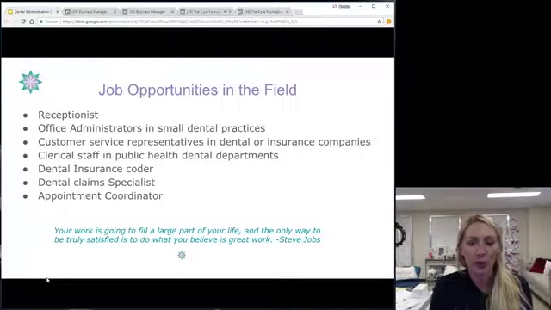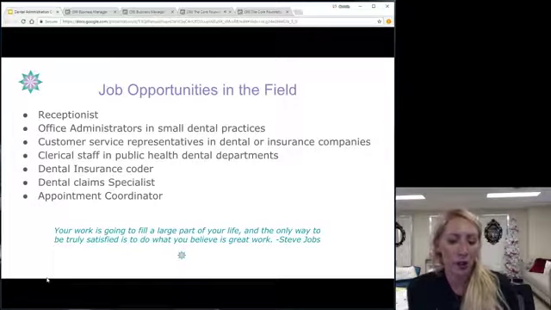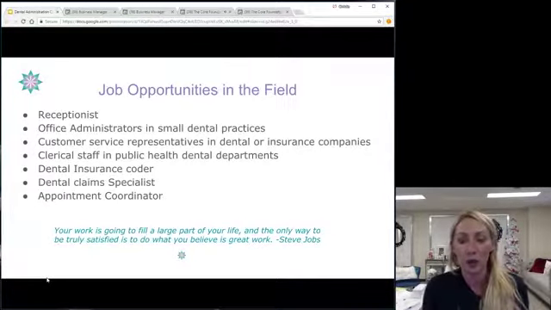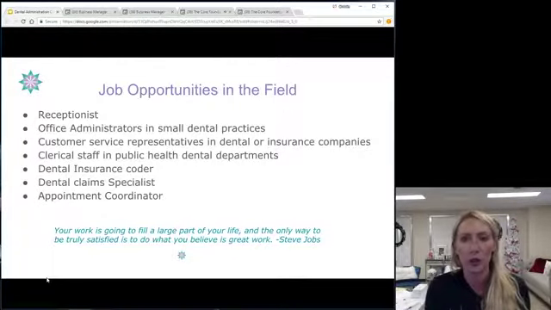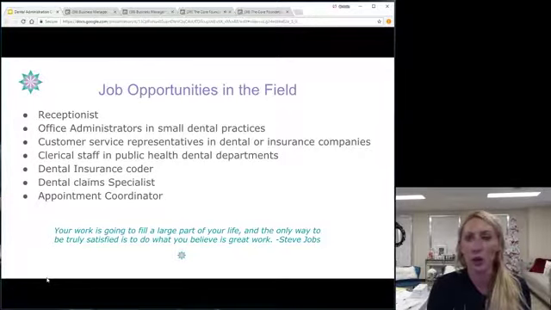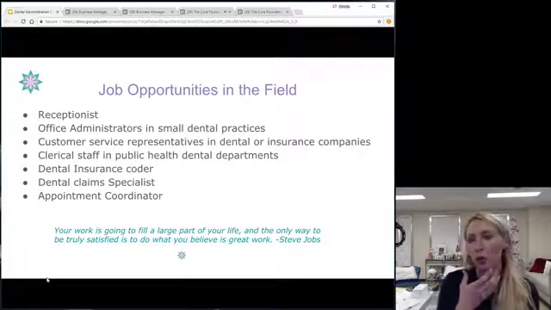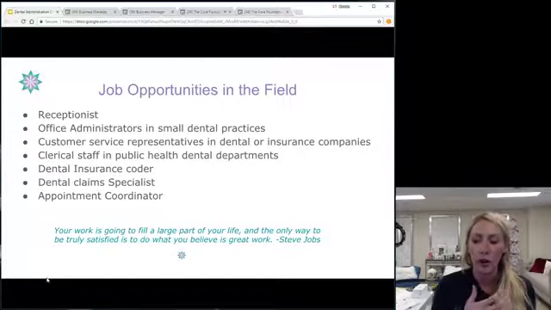There's a great quote from Steve Jobs: "Your work is going to fill a large part of your life, and the only way to be truly satisfied is to do what you believe is great work." In a dental office, it's so fulfilling sometimes when you see a patient that comes in and you've completely transformed their smile, and who they were prior to the dental work they received and who they are after is completely transformed just by the work that you did in their mouth.